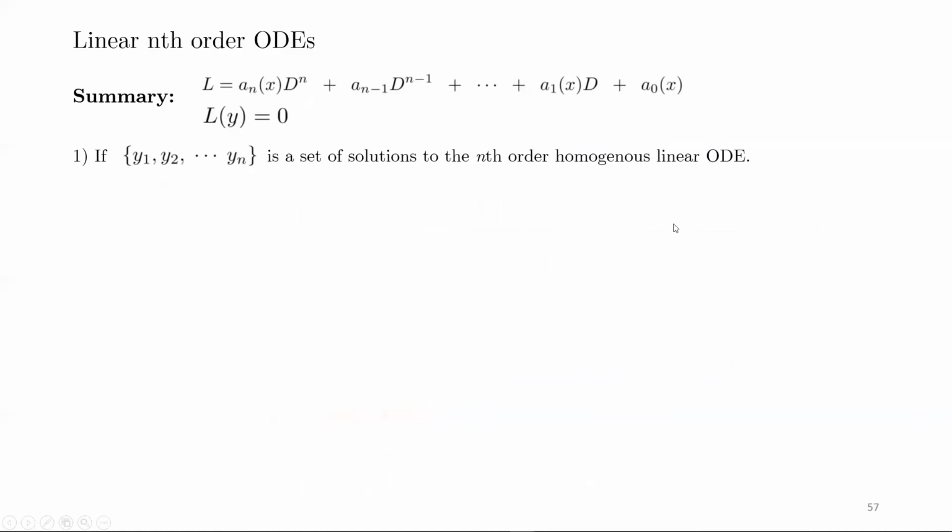So we're almost through for class today, but I just wanted to summarize everything that we've written. Now I'm going to write this in terms of the linear differential operator that we learned about last time.